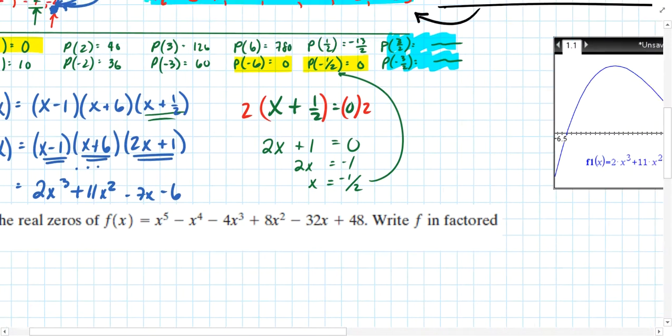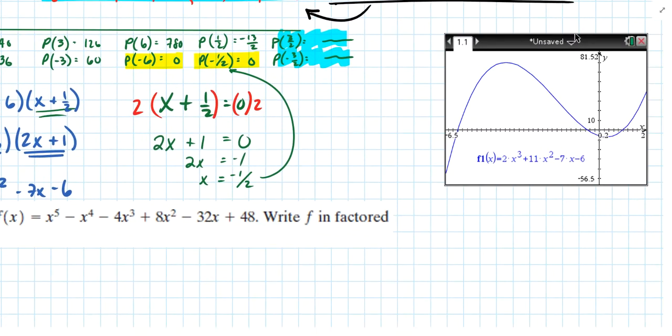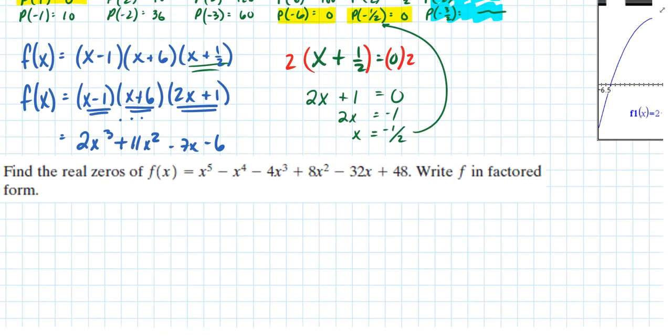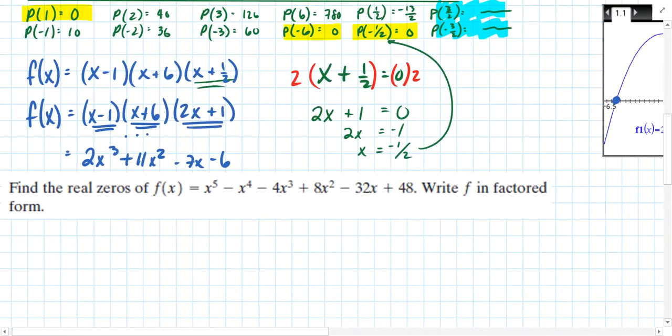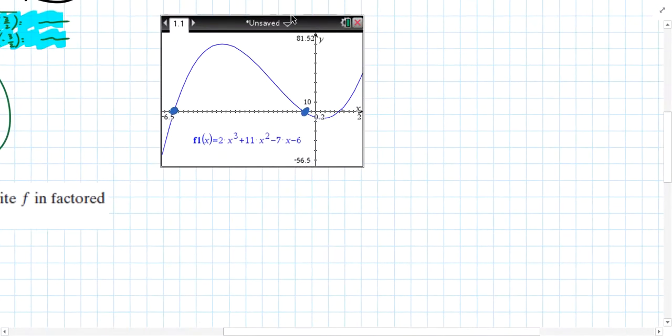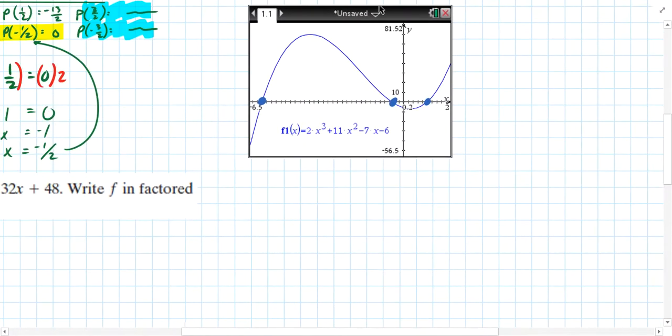And I did cheat a little bit, and I provided a screenshot from the calculator on your notes here. You'll notice that the zeros exist at -6 here, at -1/2 here, and then again at 1, which is right here.